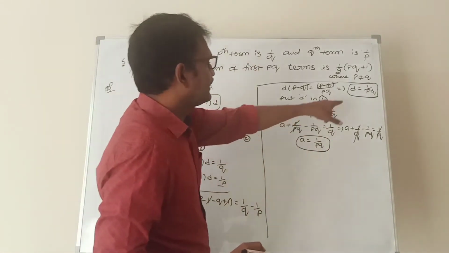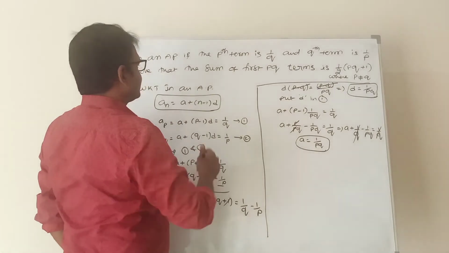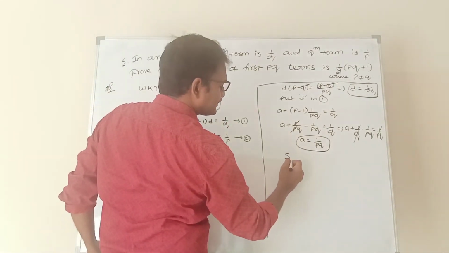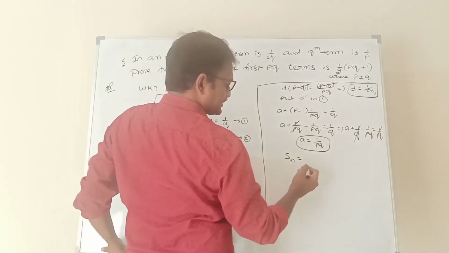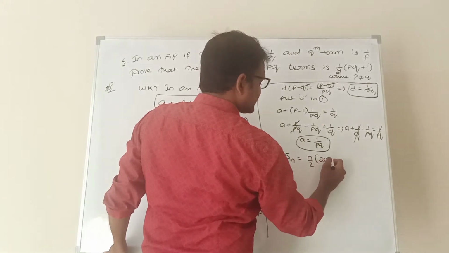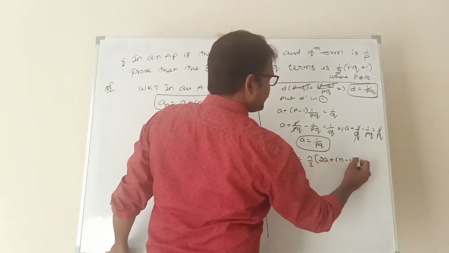Now we know the a value and we know the d value. Next, what do we have to find? The sum of pq terms. We know the sum of n terms formula: n by 2 into 2a plus n minus 1 into d.